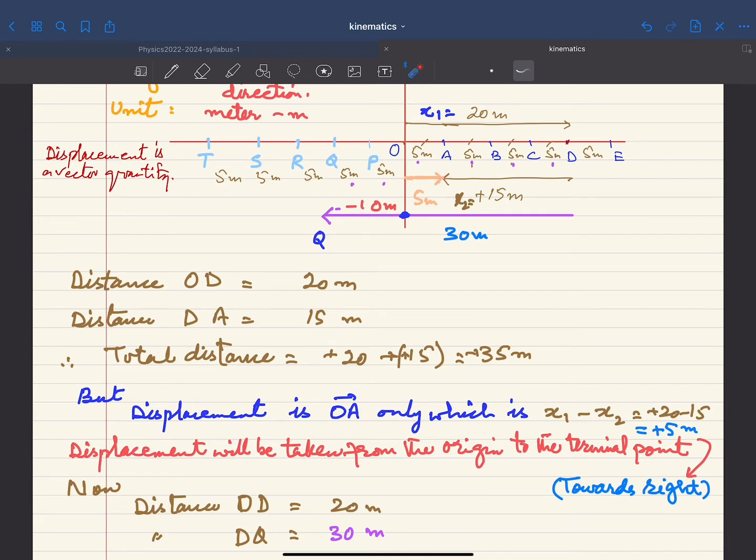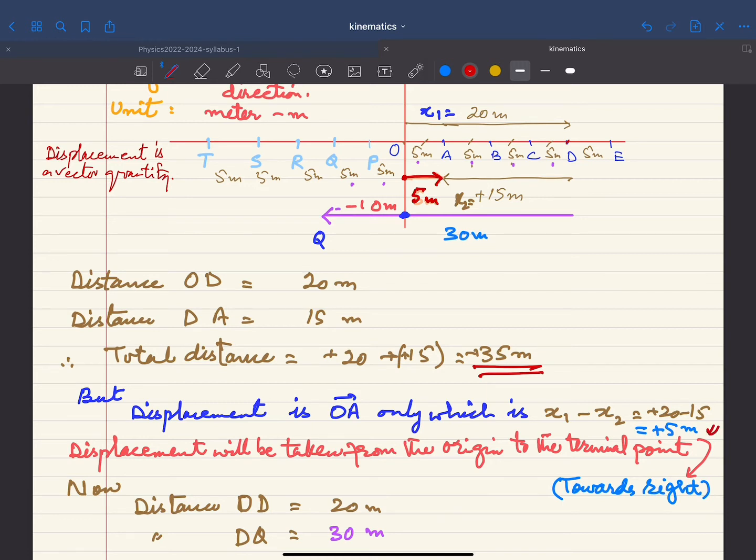So simply you subtract these two values and you will get the result, and of course this result is again in a specific direction, yani your displacement is from point O to point A. So you have a specific direction and the value is 5 meter, not 35 meter. Here you have displacement only of 5.